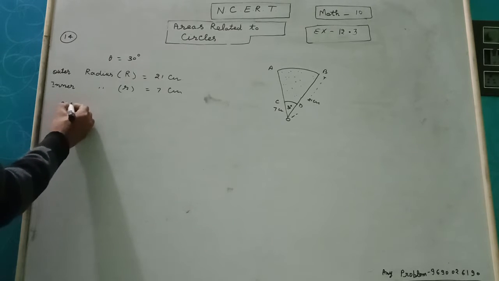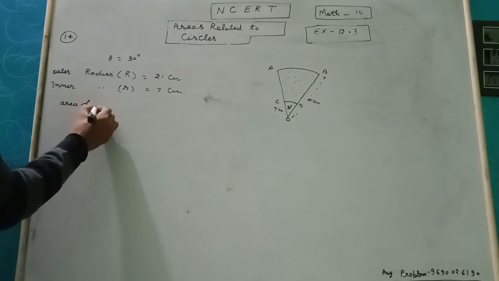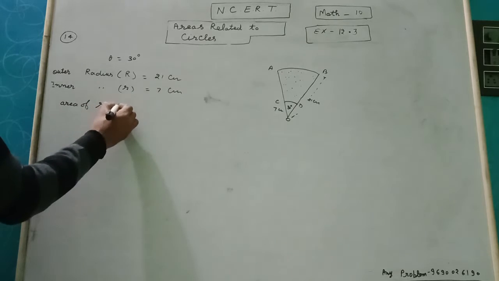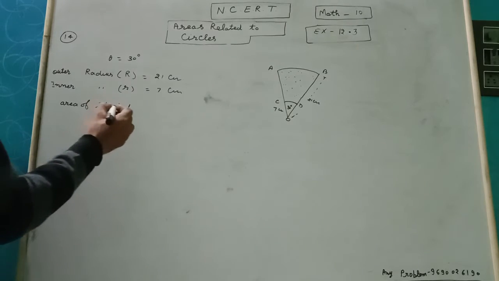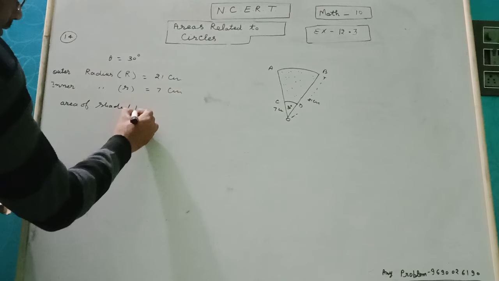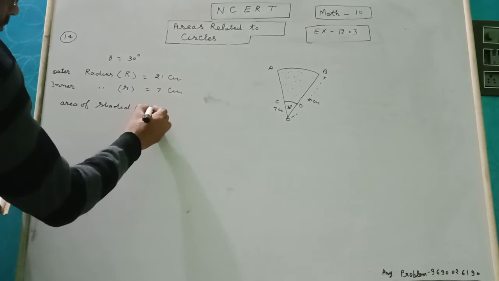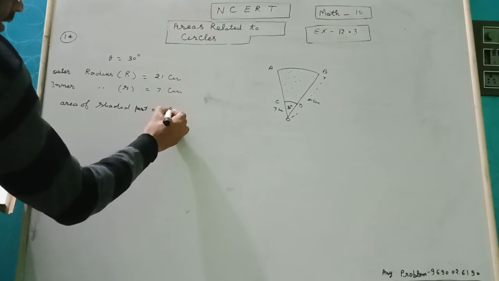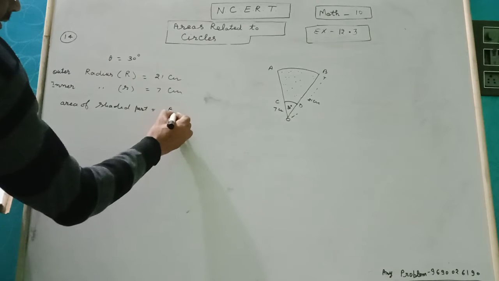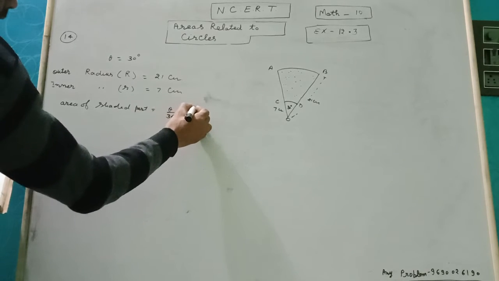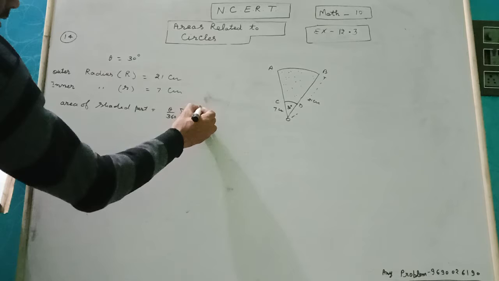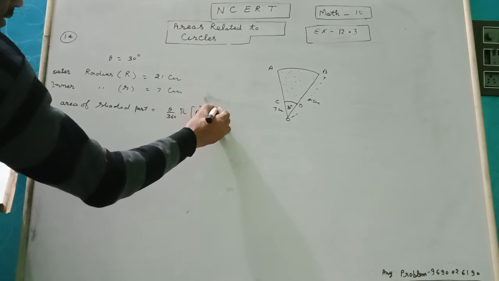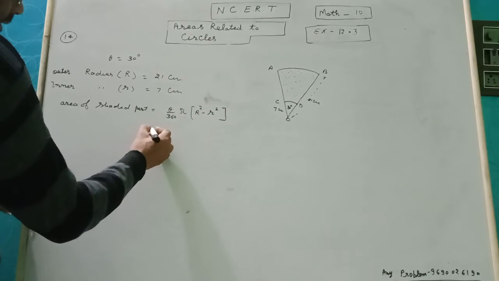Area of the shaded part is equal to theta upon 360 pi (capital R square minus small r square). That is the formula.